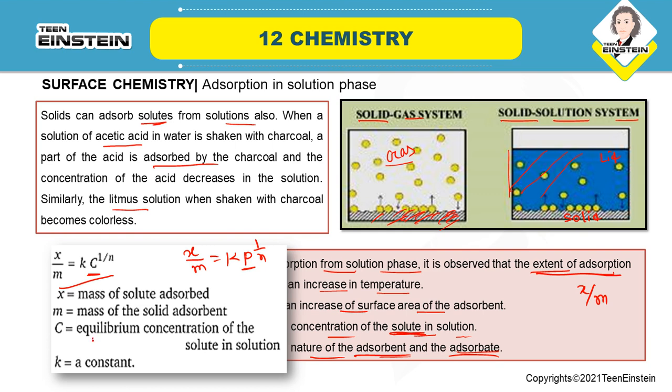C is the equilibrium concentration of the solute in solution. K is a constant, n is also a constant, and x and m are the mass of solute adsorbed and the mass of the solid adsorbent, as we have already seen in the Freundlich adsorption isotherm. So it is exactly like that equation, only now instead of P we have C.